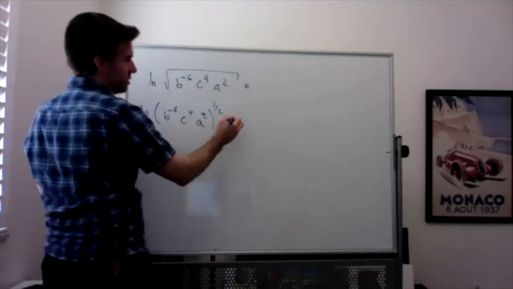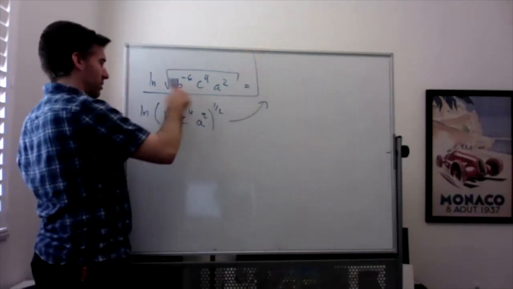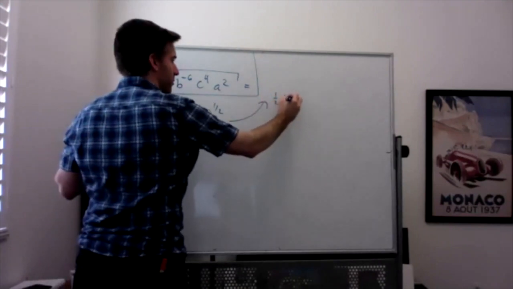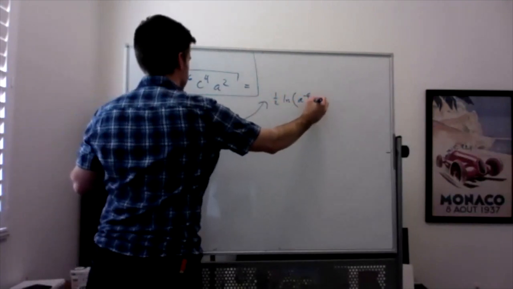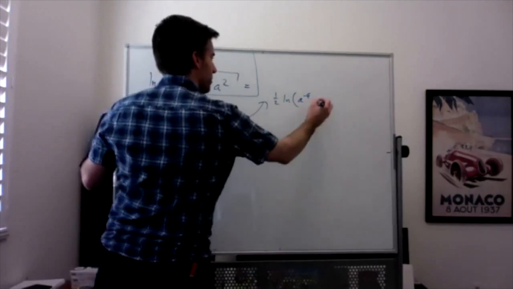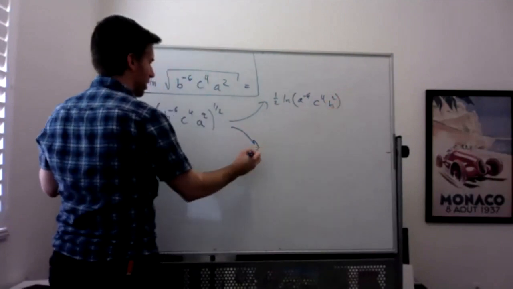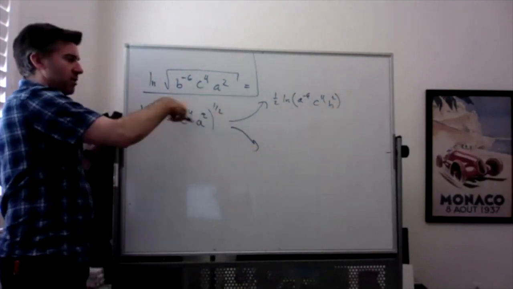And here there's two directions you can go. You can either go in the direction of saying, I'm going to bring down the 1/2. The other direction you can go is to distribute the power to each of these things.